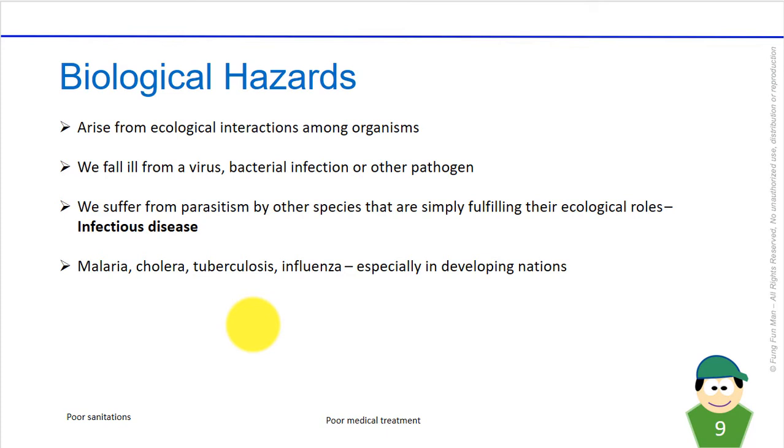Infectious diseases such as malaria, cholera, TB, and influenza are major environmental health hazards, especially in developing nations with widespread poverty and few resources for healthcare. Singapore is very lucky, we have a very good healthcare system, but that comes at a price.